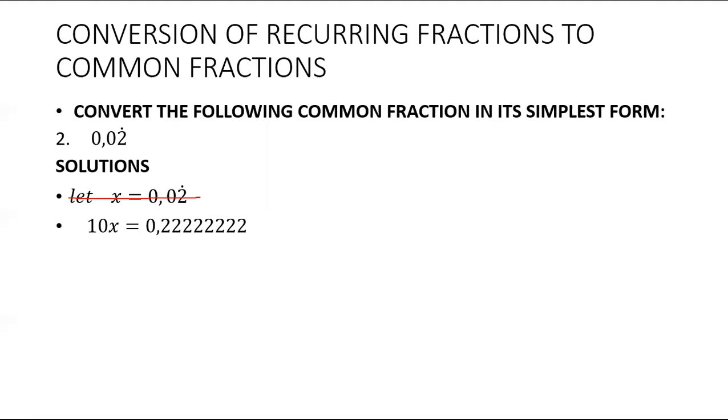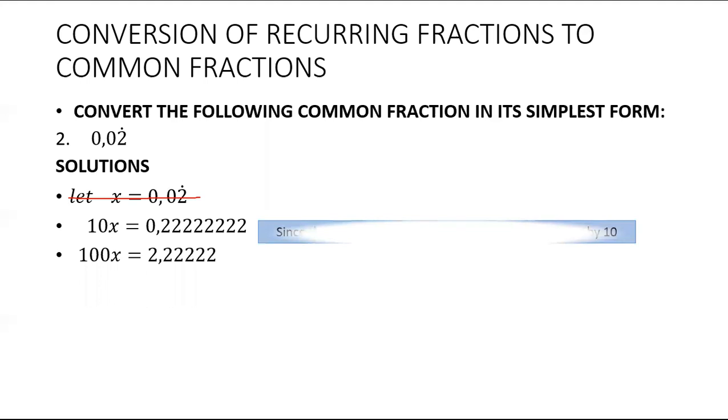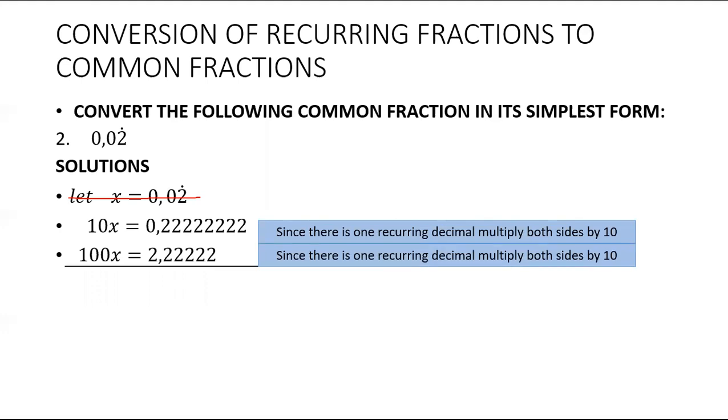It is 2,222. Then you will take the second equation minus the first equation. You will get 90x is equals to 2. Simplified, it will be 2 over 90, or simply 1 over 45.